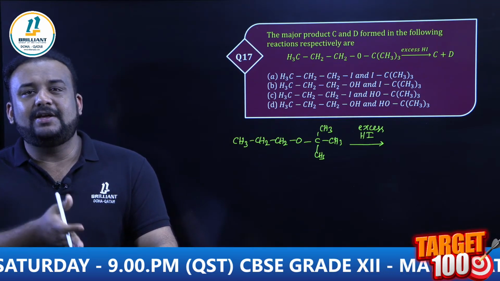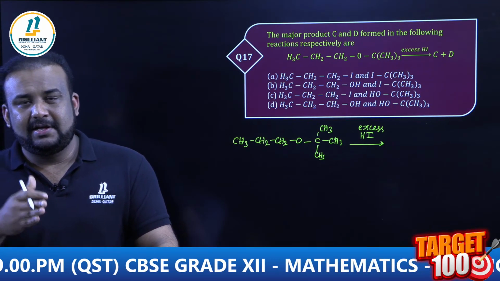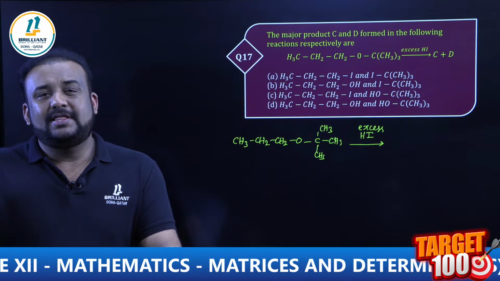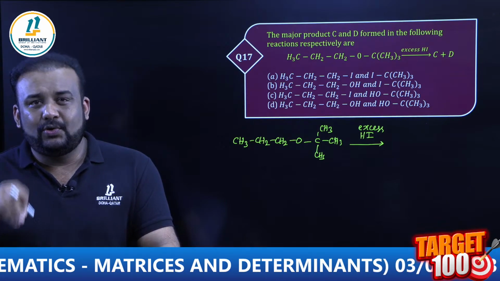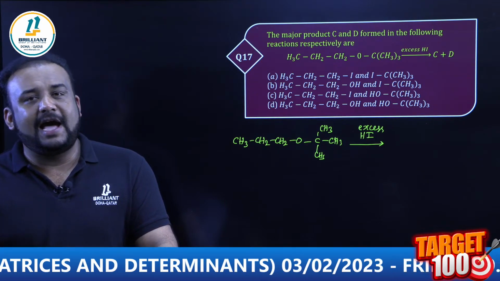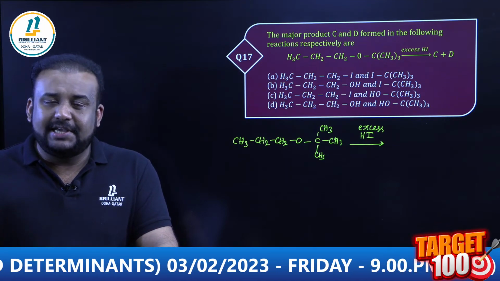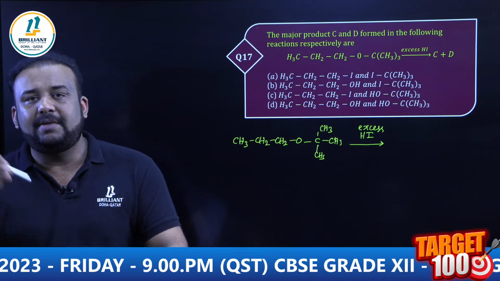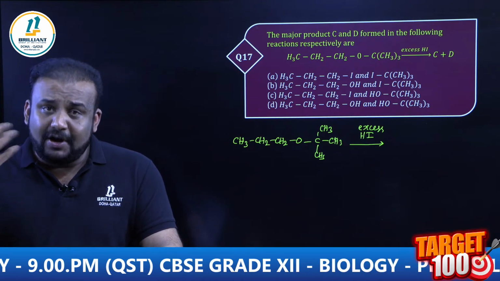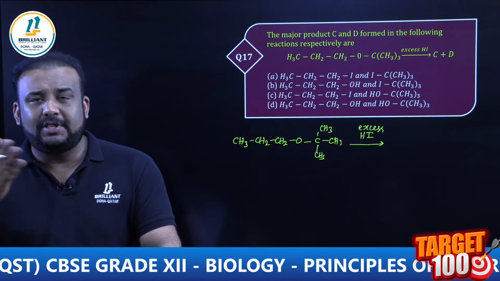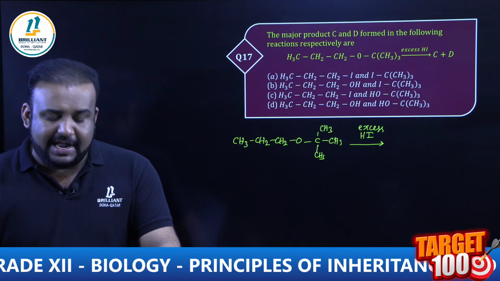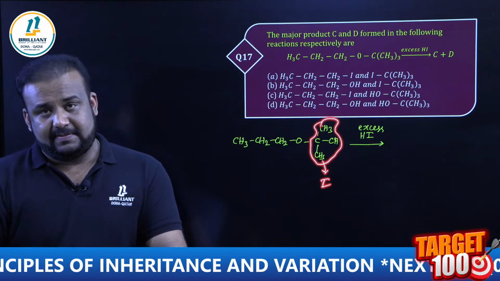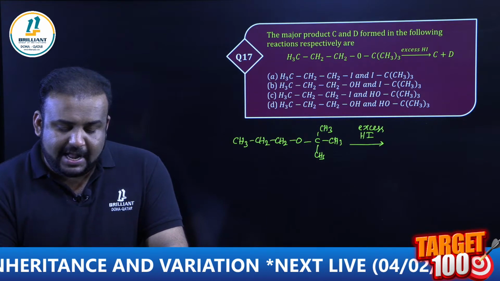If the alkyl groups are primary or secondary, then the reaction will follow the SN2 mechanism, and the least bulky group will go with the halide, because I- is a nucleophile and it will find it easy to attack the least sterically blocked carbon. But if one of the groups is tertiary, it will proceed through the SN1 mechanism, and definitely that tertiary part is going to become the halide, and the other part will become the alcohol.